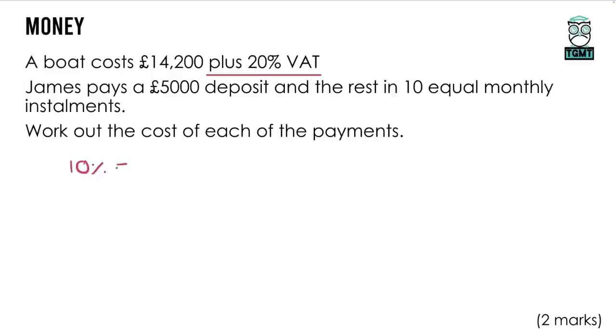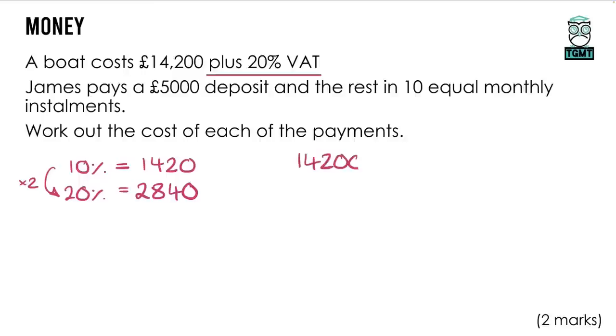So 10% just knocks a 0 off the number, 1,420. Now for 20%, we're going to need 2 of those, so essentially just multiplying this by 2, and that'll give us 20%, and that comes out as 2,840. We are adding that on to the cost of the boat. So really clearly showing that we are going to add that on.